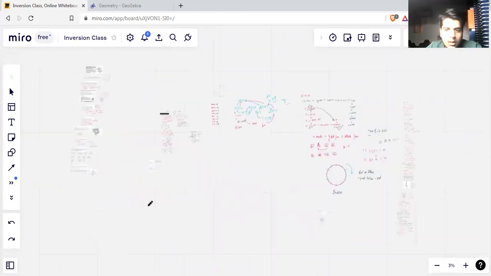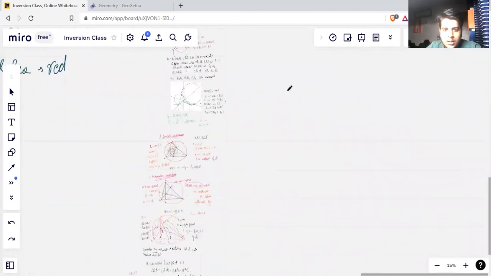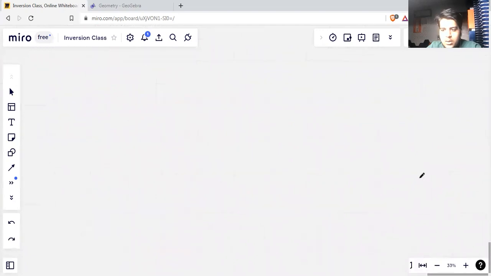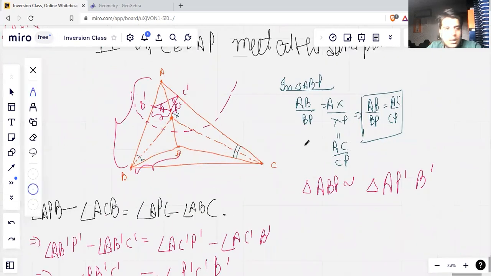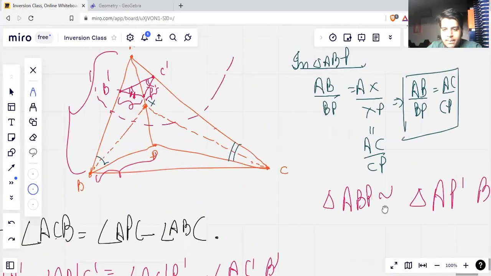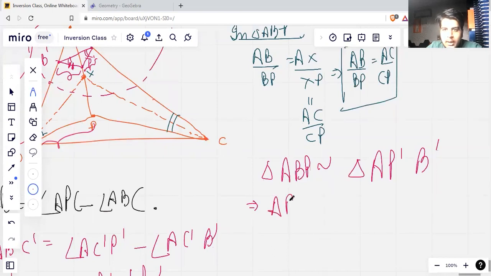Okay, this looks more complete. So now this means AB by BP is equal to AP dash by P dash B dash, right?